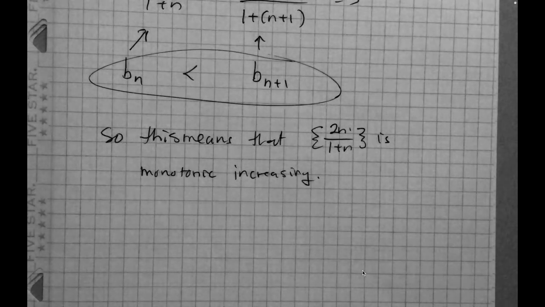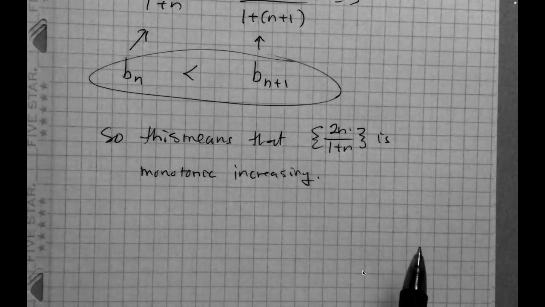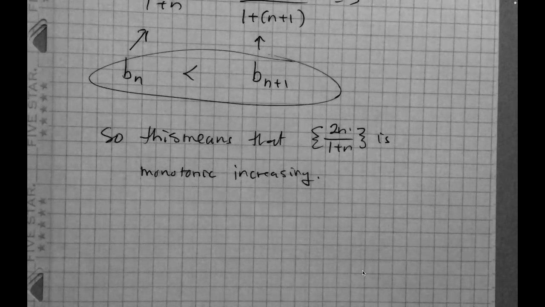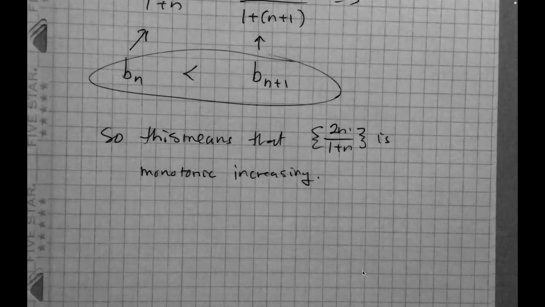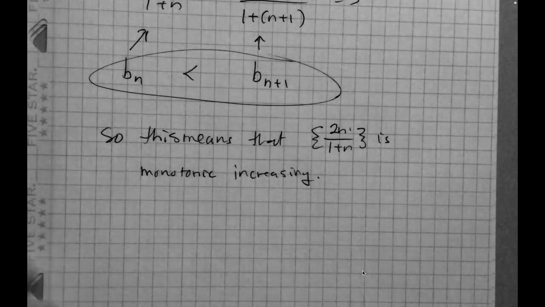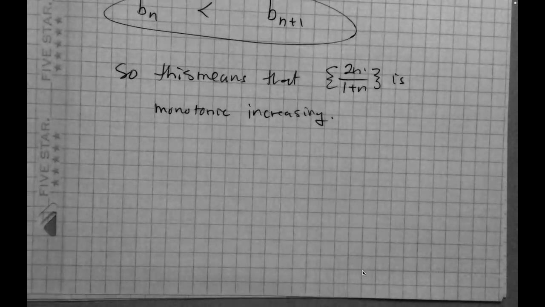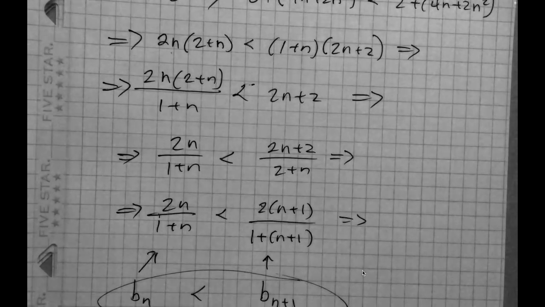There's monotonic increasing, which is this case where the terms are always getting larger, and there's monotonic decreasing, the reverse, where the terms successively grow smaller. This is a monotonic increasing sequence, and we just showed that using this sort of argument.